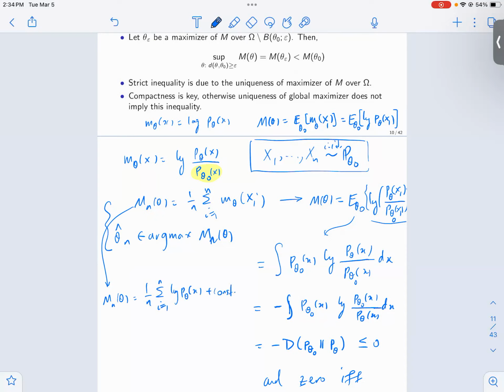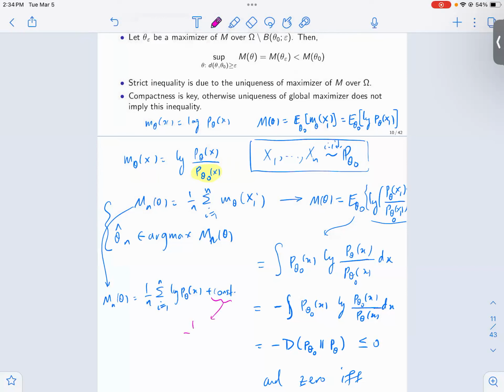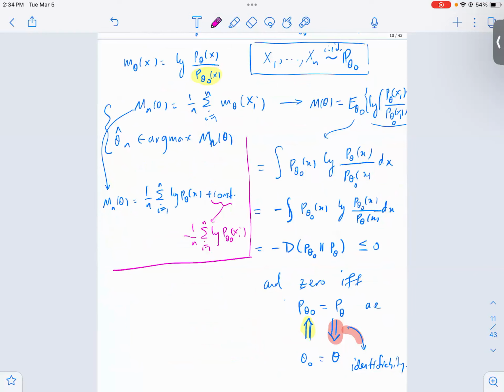That constant being negative 1 over n summation of log p theta naught of x_i, which is not of concern because we maximize over theta.